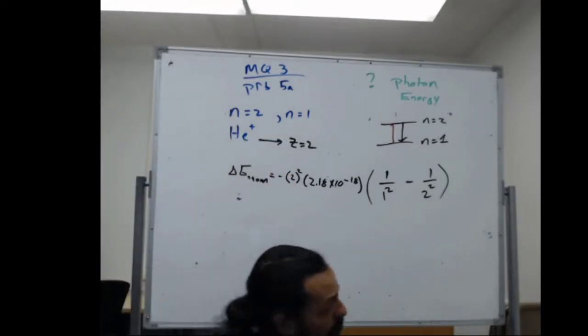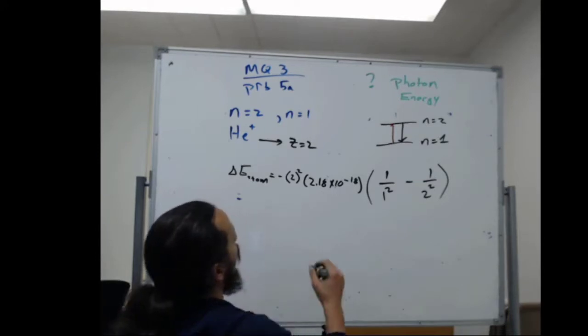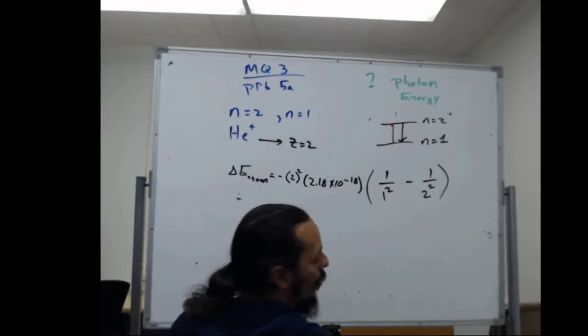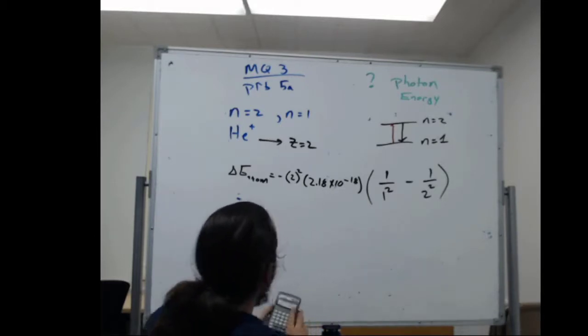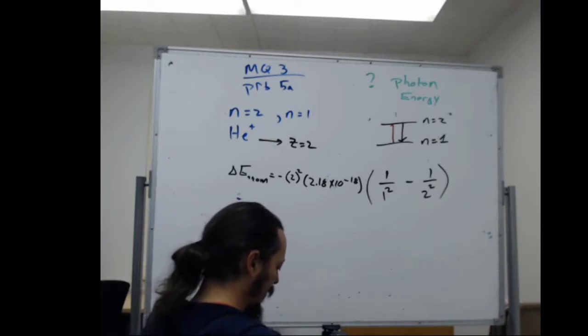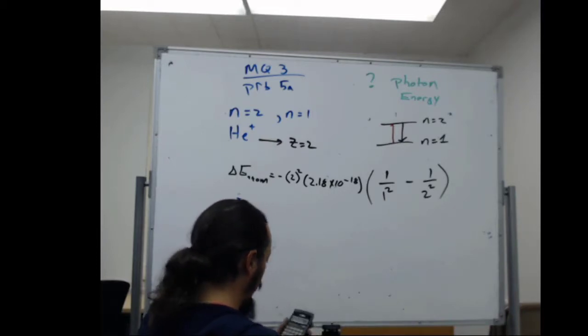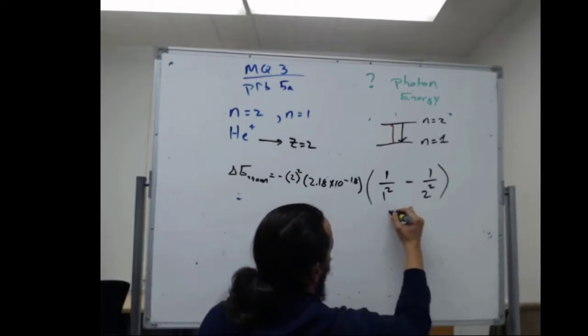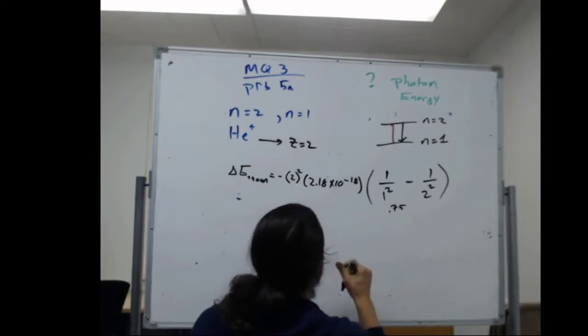So at this point, run your calculator. You're going to have 1 minus a quarter times 4. So 1 minus 1 divided by 4. This is 0.75.